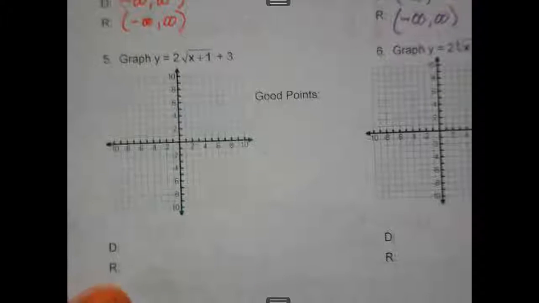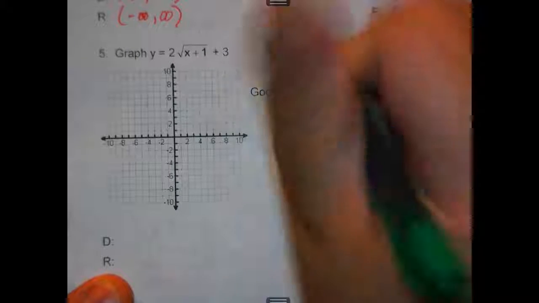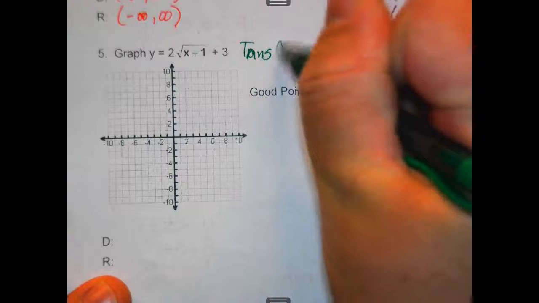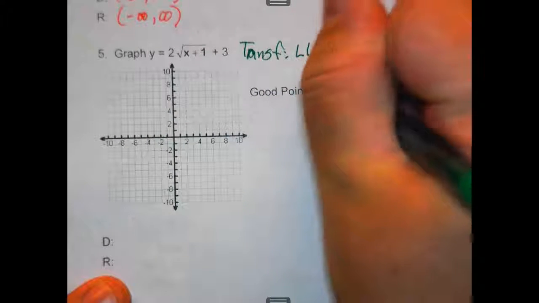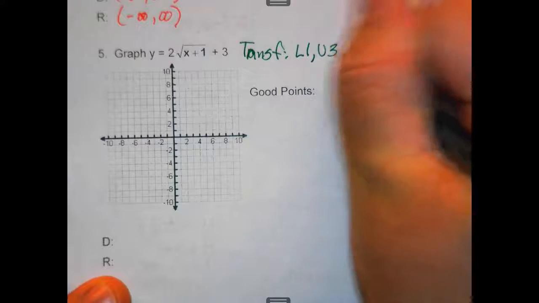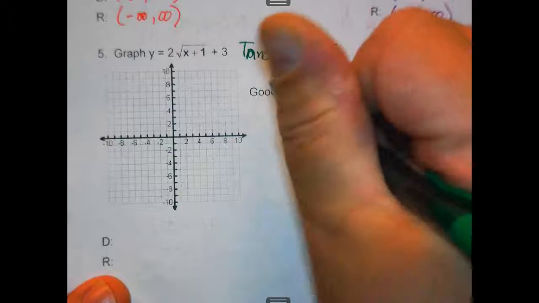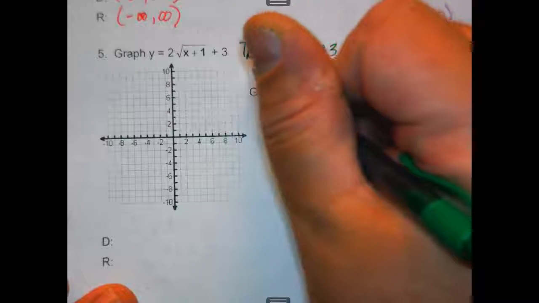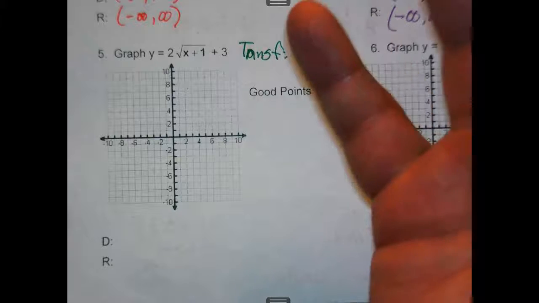Number 5, my transformations. Let's see, I'm going to go left 1, up 3, and 2 is going to make it opposite, wide. It's the opposite from the absolute value functions we're doing.